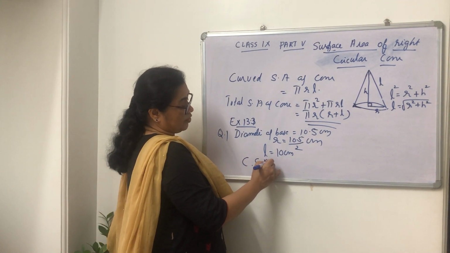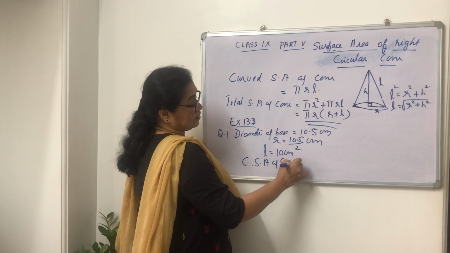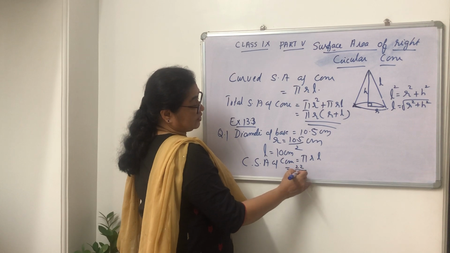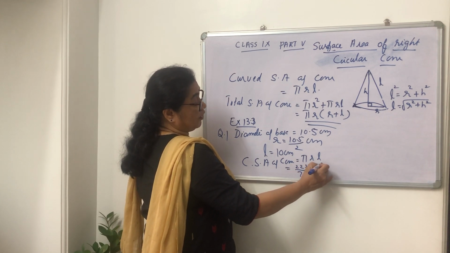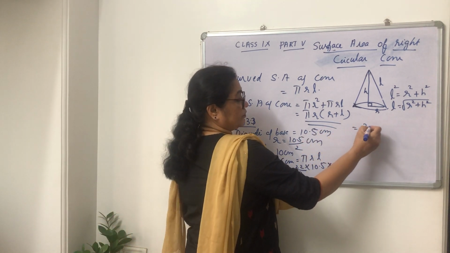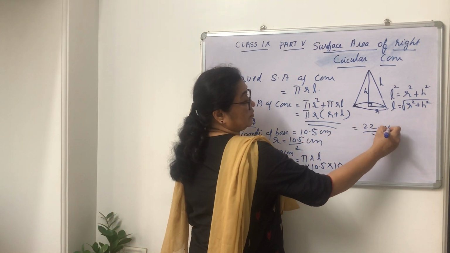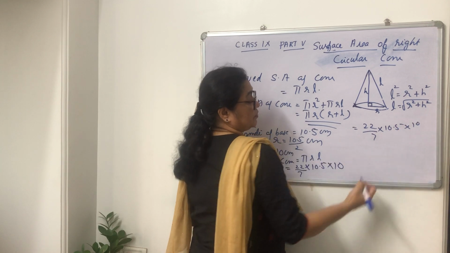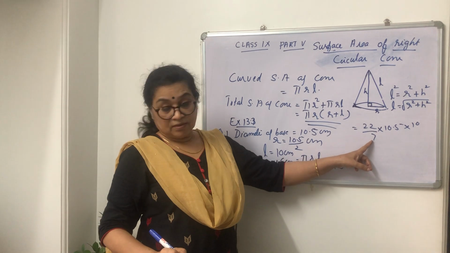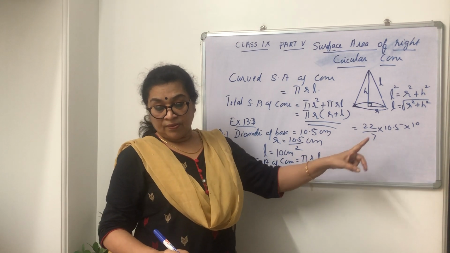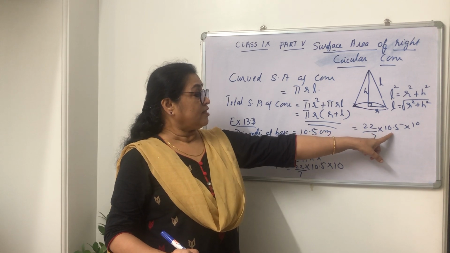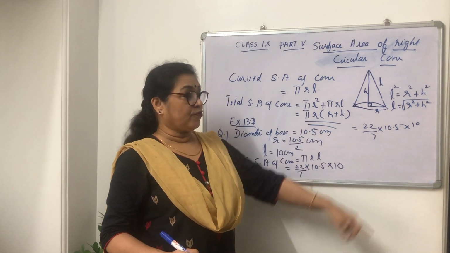The curved surface area of the cone is pi RL, 22 by 7 into 10.5 into slant height 10. 10.5 into 2 is 7, then 3.5 into 3 is 10.5.